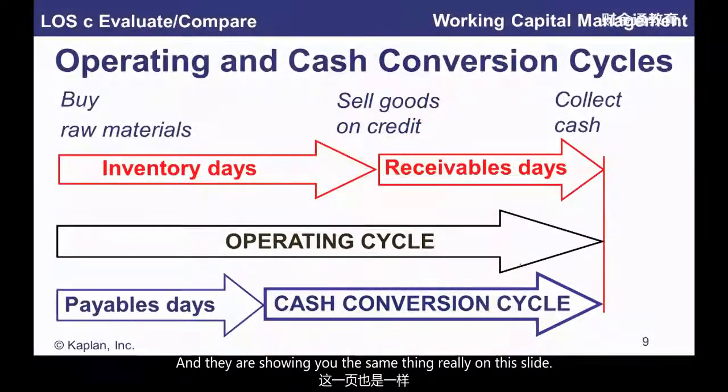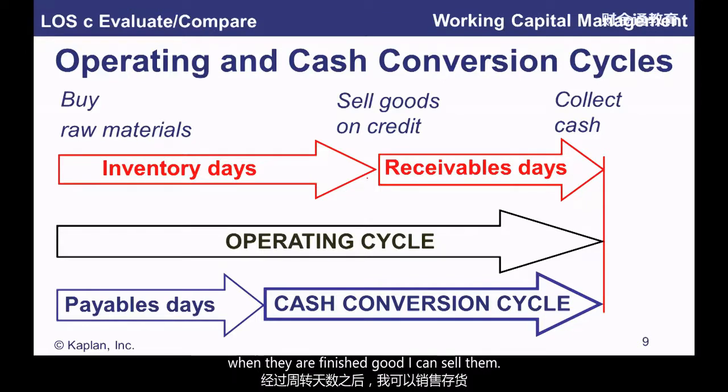And they're showing you the same thing really on this slide. So there you go. If we look at the top arrow, we're buying our raw materials here, and if I'm a production company, I've got the raw materials, I then need to convert them into a finished good. So those are my inventory days. When they're a finished good, I could sell them. Now, if I'm selling on credit, then it might take my customers 30 days to pay me.